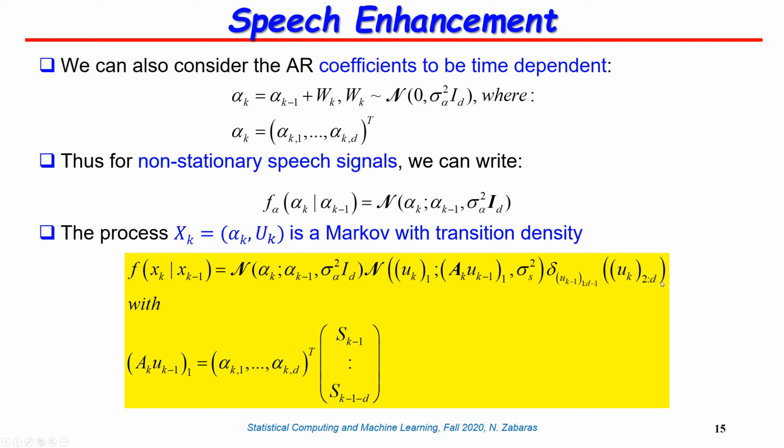So the components of u_k from 2 to d are the same as the components of u_{k-1} from 1 to d minus 1. The first component of u_k is a Gaussian model with this as a mean and some noise that you see here. And then I have times a Gaussian that defines the transition of the coefficients alpha from alpha_{k-1} to alpha_k, and that comes with its own noise defined by sigma_alpha squared.